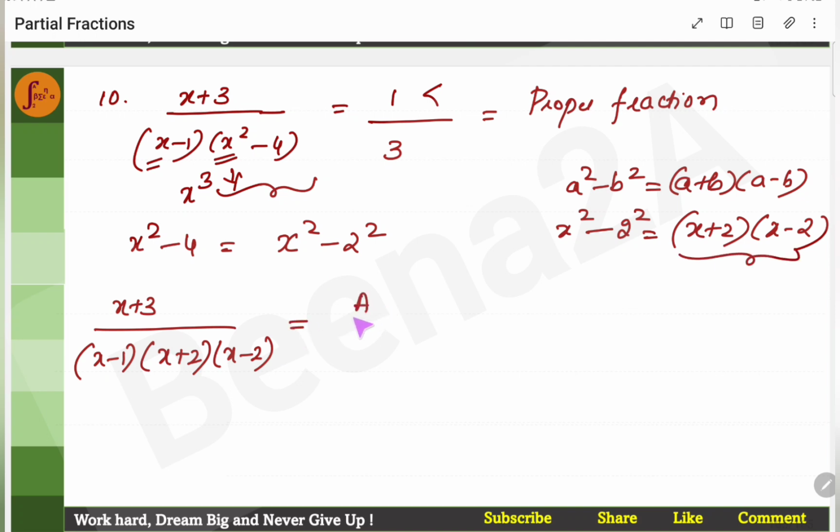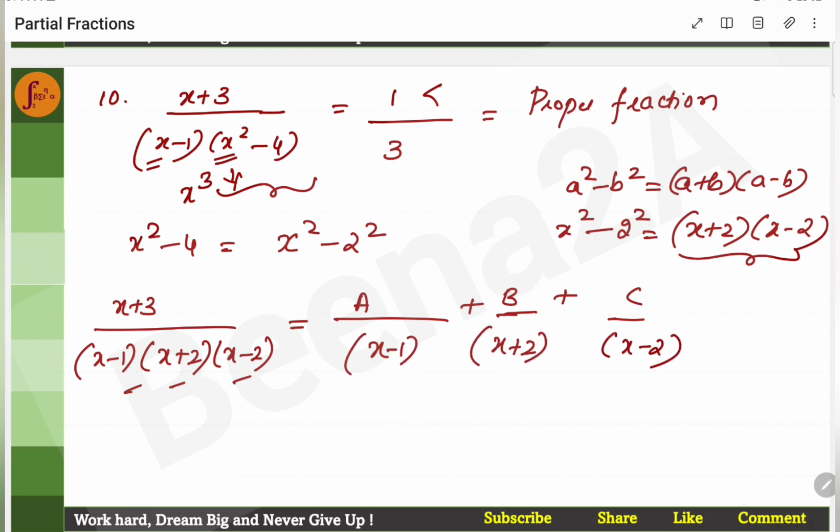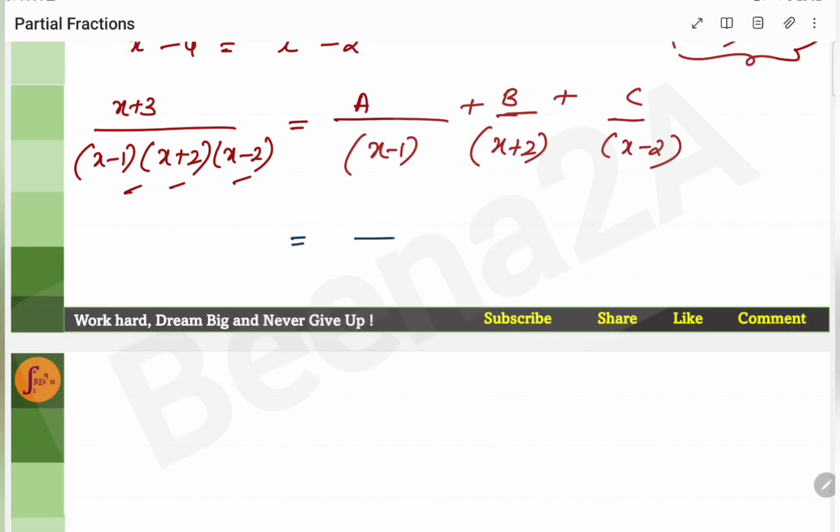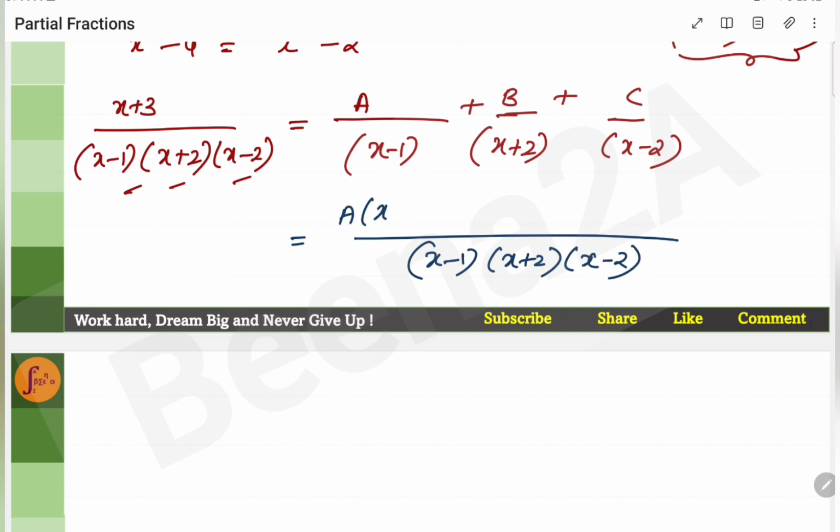Now we'll split it like this. 3 terms are there, so a plus b plus c, over x minus 1, x plus 2 and x minus 2. If I take the LCM, it will include all 3 terms. So this will be a into the remaining terms, x plus 2 into x minus 2, since x minus 1 is already there.